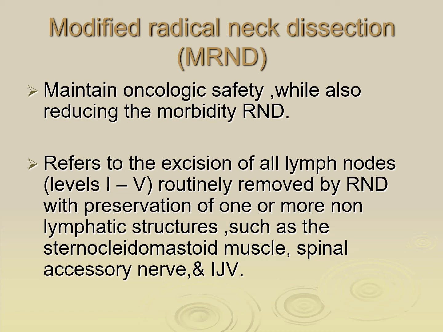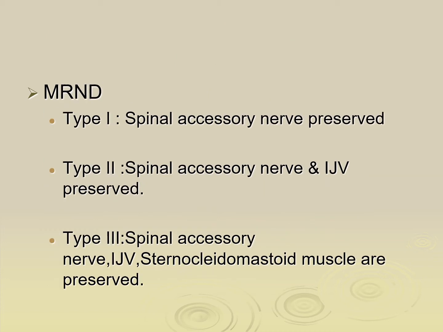To maintain oncologic safety while also reducing the morbidity of RND, the modified radical neck dissection was developed. The excision of all lymph nodes from 1 to 5 is done as in RND, with preservation of one or more non-lymphatic structures such as the sternocleidomastoid, spinal accessory nerve, and IJV. MRND type 1 means the spinal accessory is preserved.